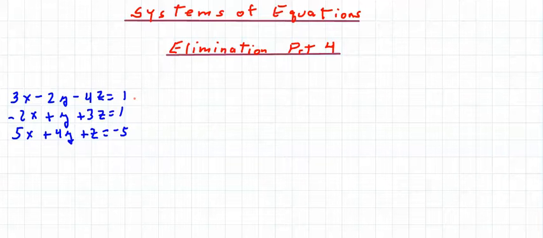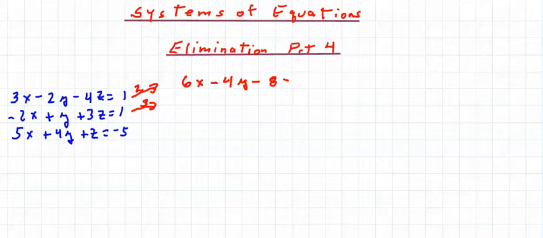So what we're going to do is multiply the top equation by 2 and the bottom equation is going to be multiplied by 3. So I end up with 6x minus 4y minus 8z equals 2.